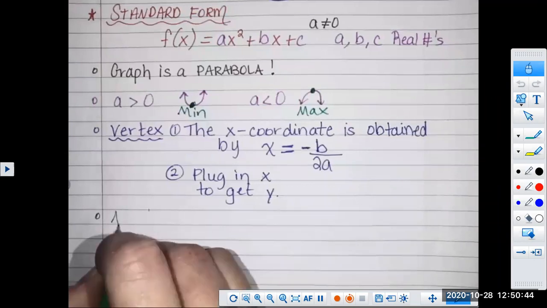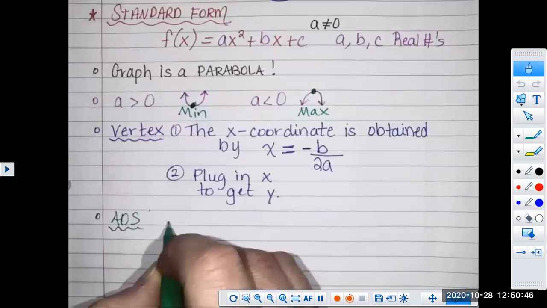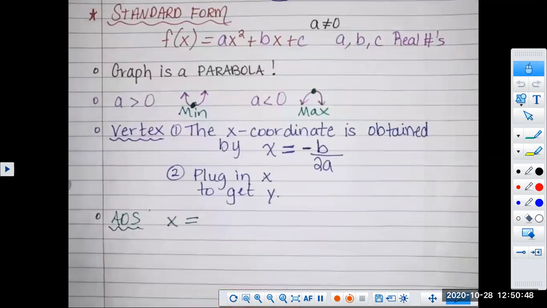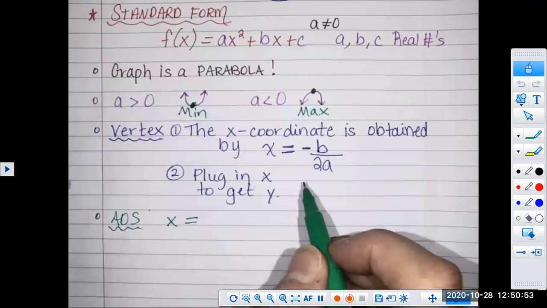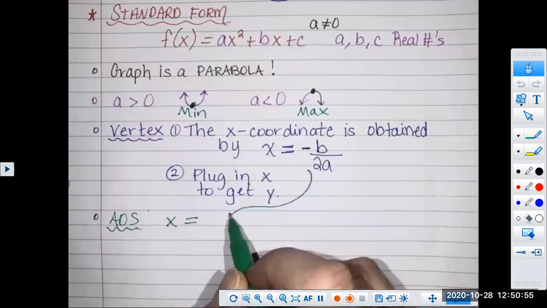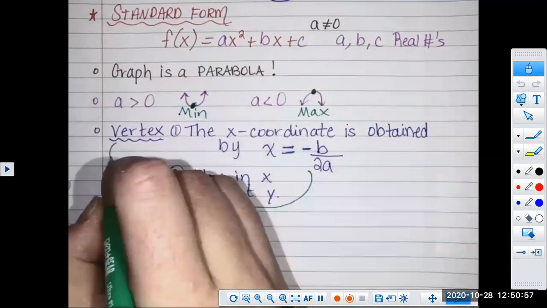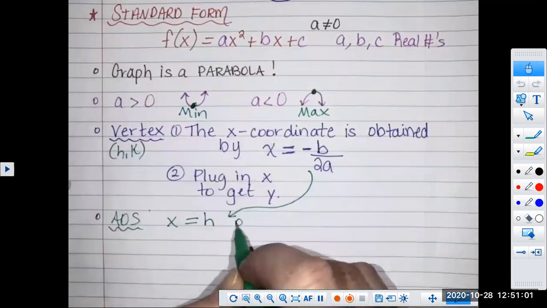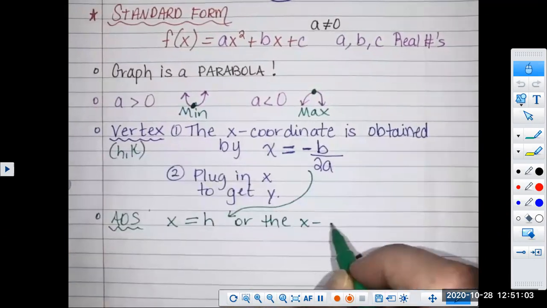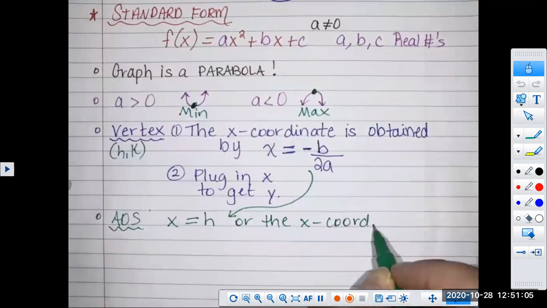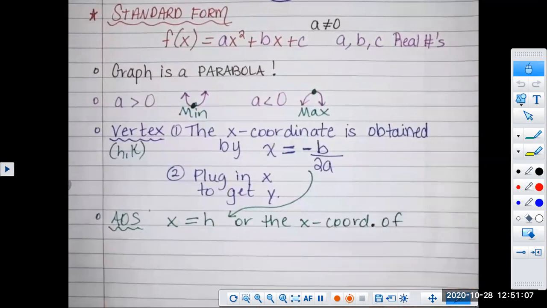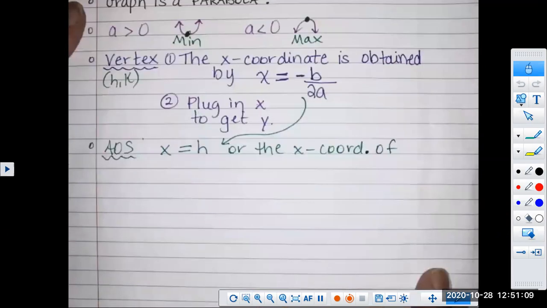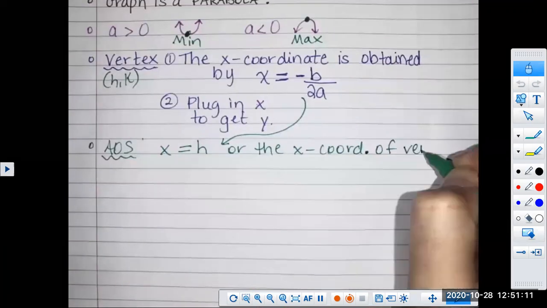Your axis of symmetry is still the same. It's x equals your h value, or we'll say this negative b over 2a. Remember that our vertex was h, k. So x equals h, or the x coordinate of your vertex. Does anybody need me to go back up?